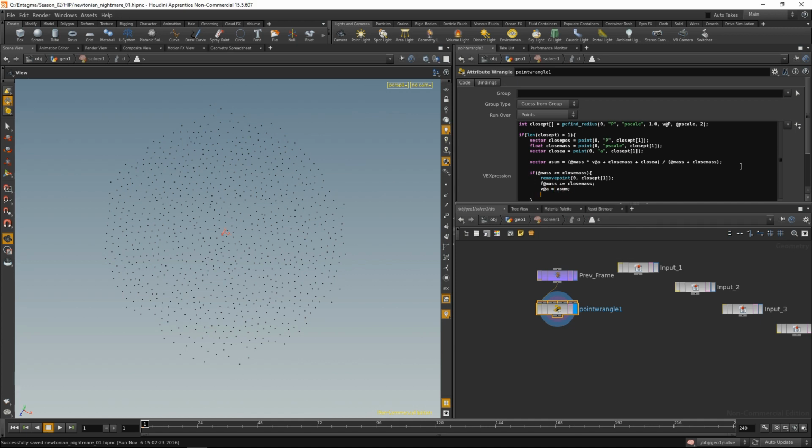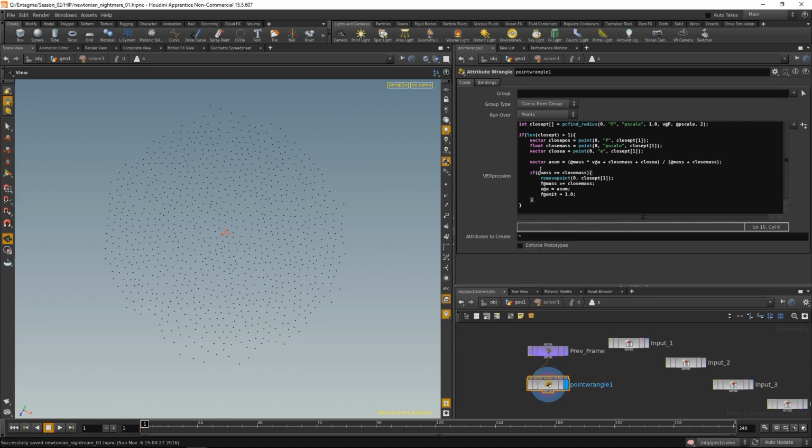Also for shading, what I want to do is, as soon as I detect a collision of particles, I want to set the emit value to 1, so they can glow later, as soon as they collide. So this is the case if my current particle's mass is bigger or equal than the colliding particle's mass.